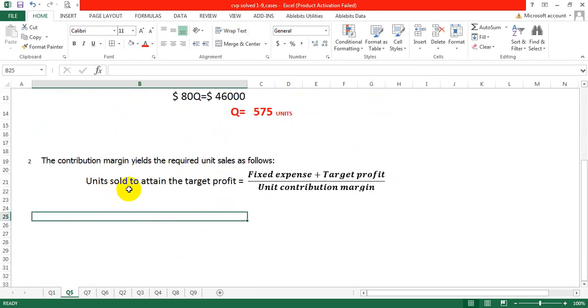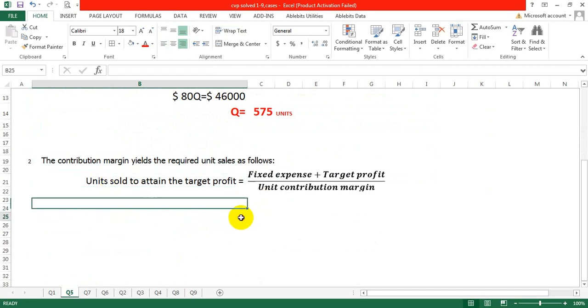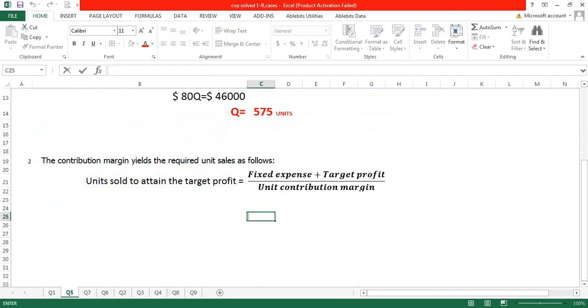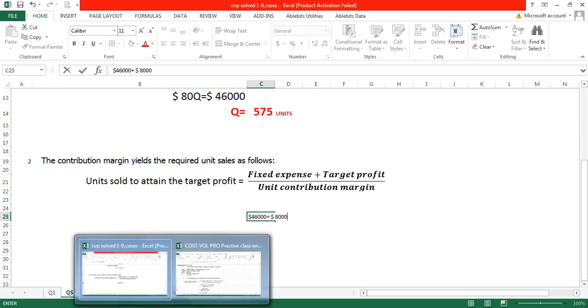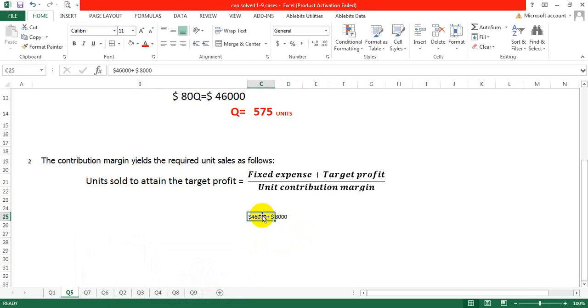Now we have a formula: units sold to attain the target profit equals fixed expense, which was 40,000, plus the target profit of 8,000.